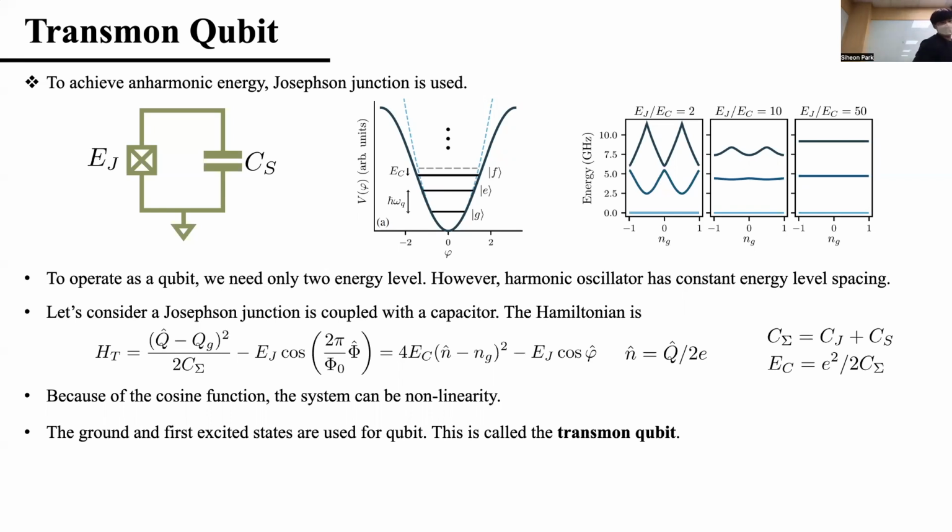Therefore, the energy level spacing is not constant. So the ground state and first excited state are used for the qubit because the energy level spacing is not constant. This ground state and first excited state is called the transmon qubit.